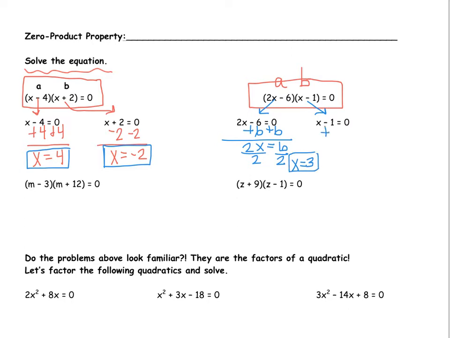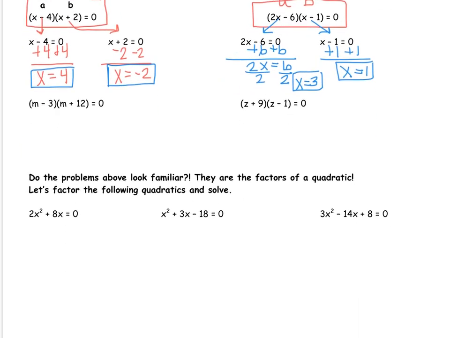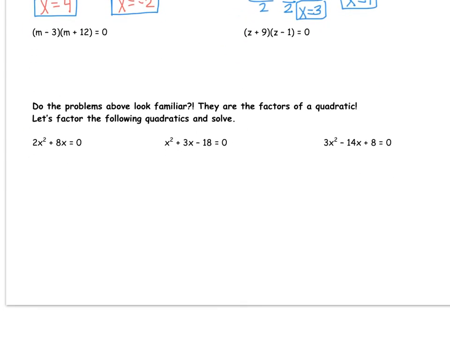Here, I'm going to add 1 to both sides, and x will equal 1. My two answers. Now the next two problems are the exact same thing as what I just did, so I'm not going to do them because it's more of the same. So let's move on to the little harder problems.